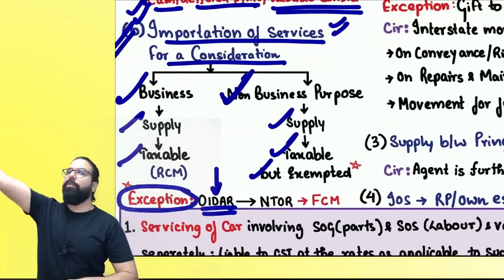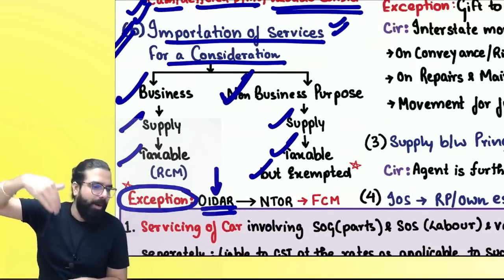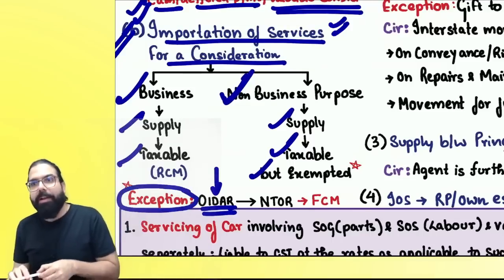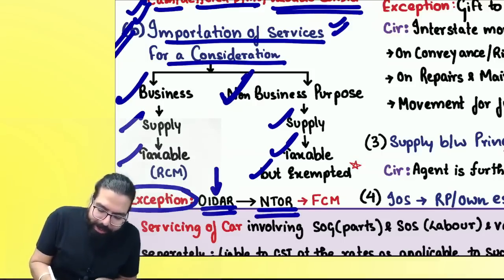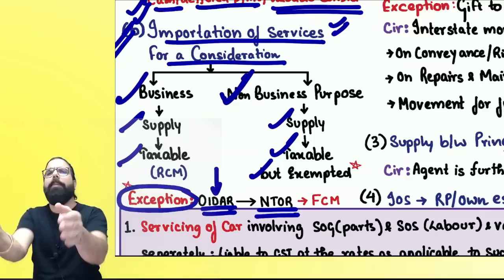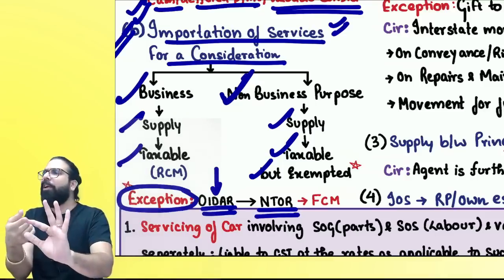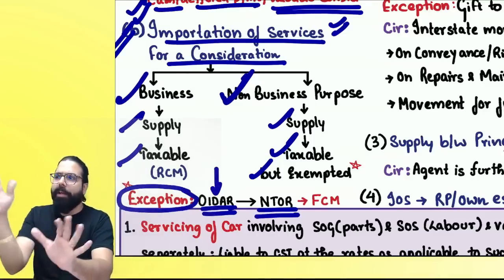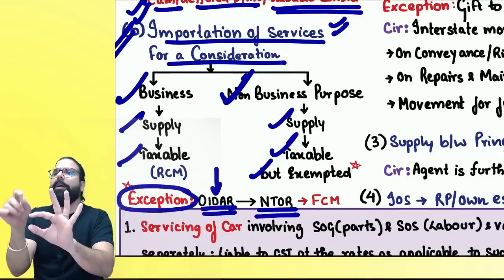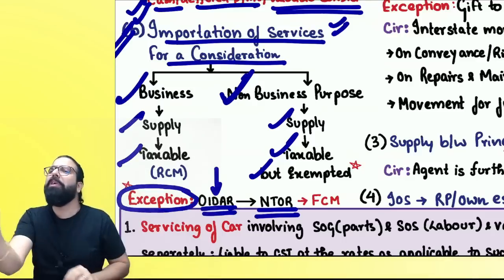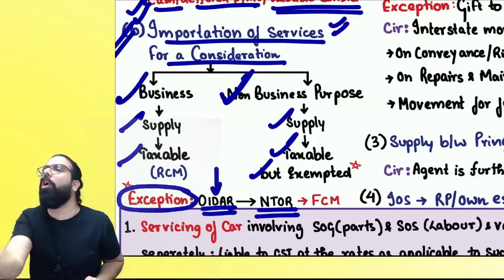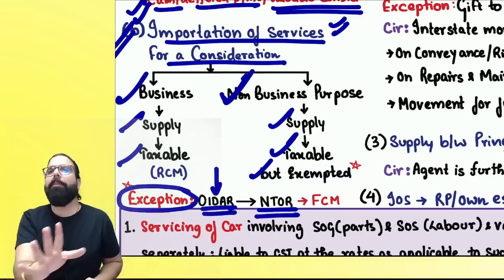Are we clear? So Netflix from outside India provided some service in India. If it is providing the services to whom? NTOR. Who is an NTOR, everyone? Remember, an NTOR means any government, local authority, governmental authority, any unregistered person who is taking OIDR service for non-business, non-commercial purpose.